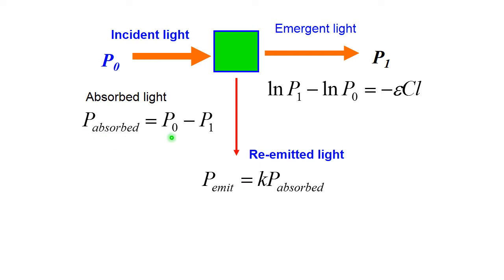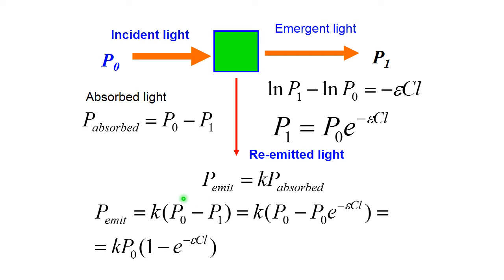The amount of absorbed light is P0 minus P1. So the difference between incident and emerged is absorbed. Now from this equation you can say that P1 is P0 times exponent of minus epsilon C L. So we can put P1 in this equation and receive such an equation by substitution.